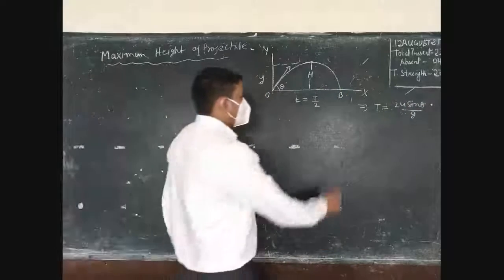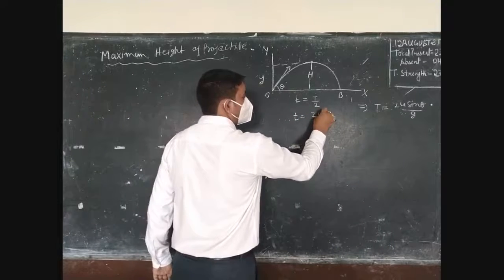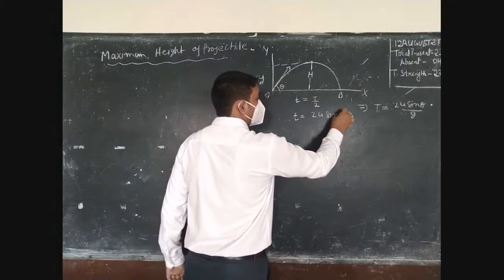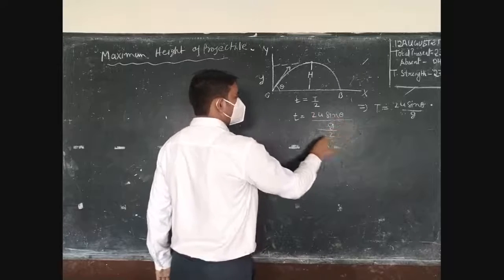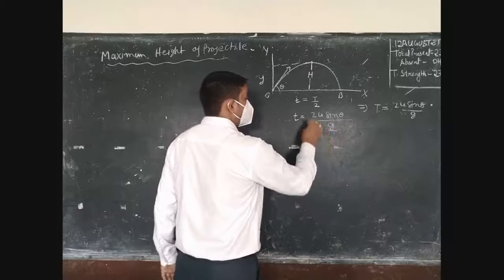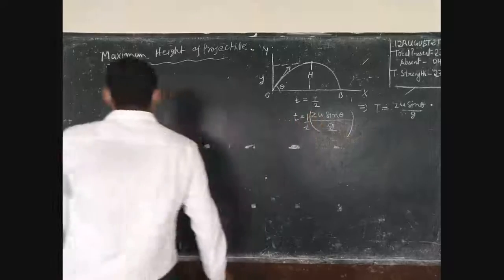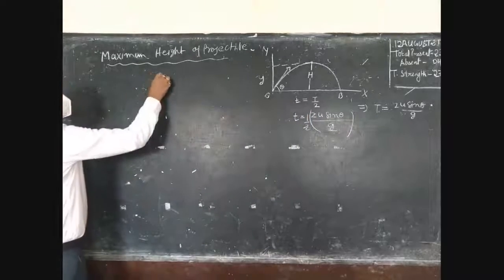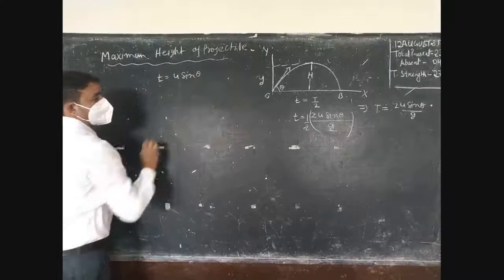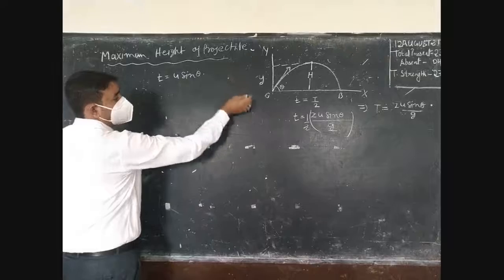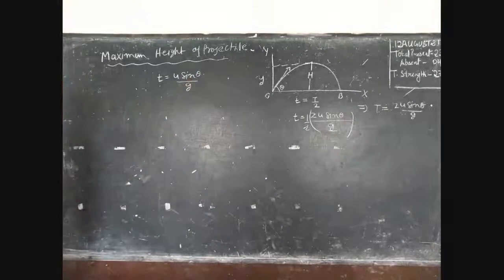Now t is equal to 2u sin theta upon g, and this is by 2. Now this 2 cancels. For calculation of height, this time is equal to u sin theta upon g. Clear?